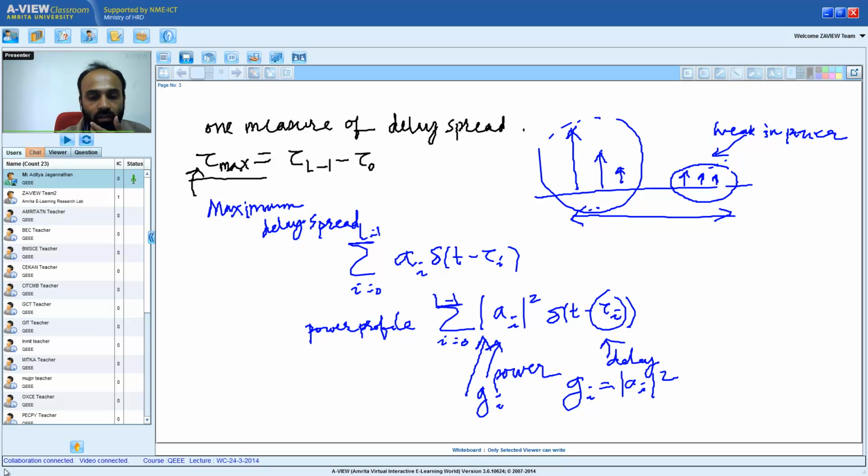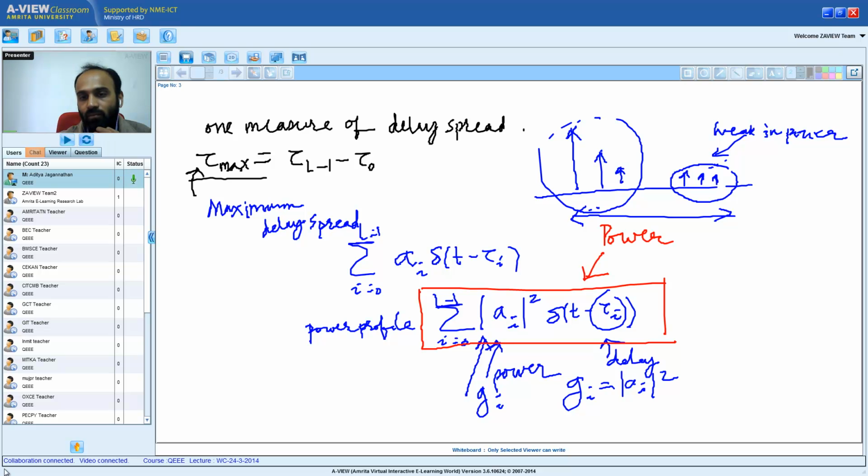Is that clear to everyone? So I am creating a power profile. I hope everyone can see this. Fine, everyone can see that I am creating a power profile.